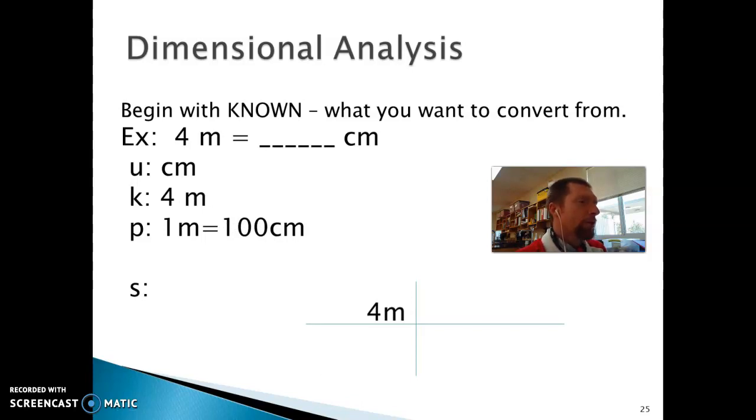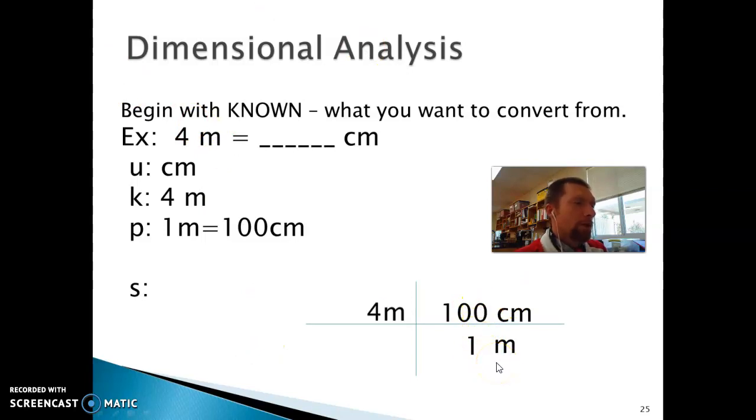Now, we want meters to cancel out, so meters will need to go on the bottom. And then we need a conversion to get from meters to the quantity that we want. So 1 meter equals 100 centimeters. These need to be equal to each other.